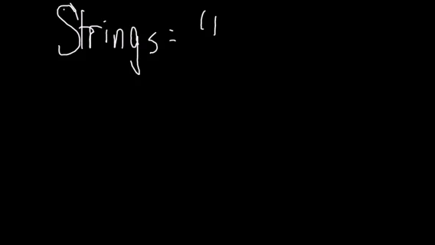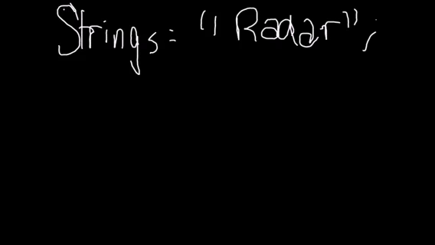Let's say I wanted to print the first and the last character of a string. How would I do that? Let's say I had a string s, and the string was radar. The first character seems pretty simple.